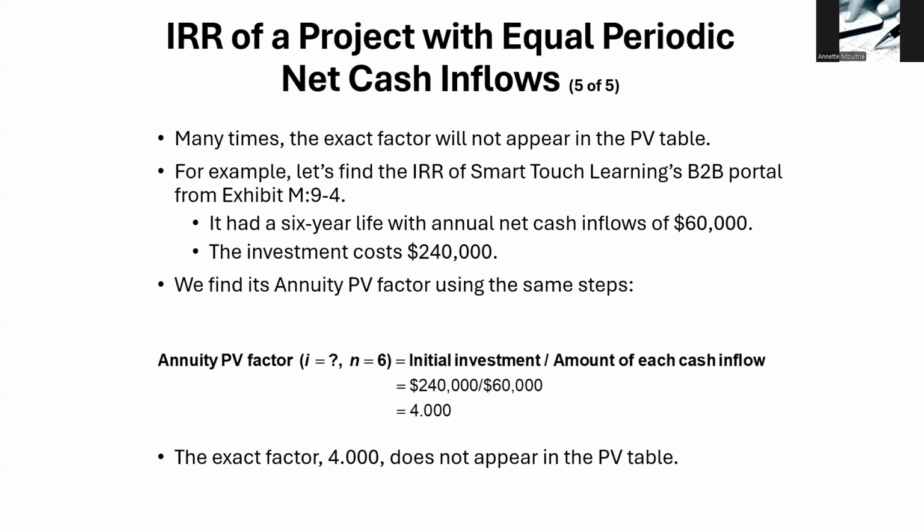The investment cost is $240,000. So as you see on this slide, we get 4.000 when solving for the annuity factor. That's the 240,000 divided by the 60,000, which gives you 4.00. And also notice that this 4.000 does not appear in the PV table.